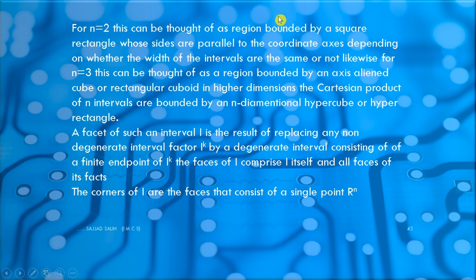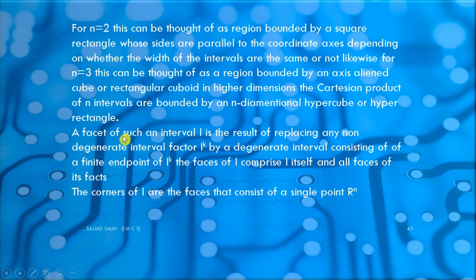as a region bounded by a square or rectangle whose sides are parallel to the coordinate axes, depending on whether the widths of the intervals are the same or not. Likewise, for n equal to 3, this can be thought of as a region bounded by an axis-aligned cube or rectangular cuboid. In higher dimensions, the Cartesian product of n intervals is bounded by an n-dimensional hypercube or hyperrectangle.